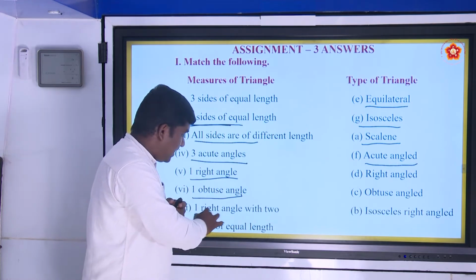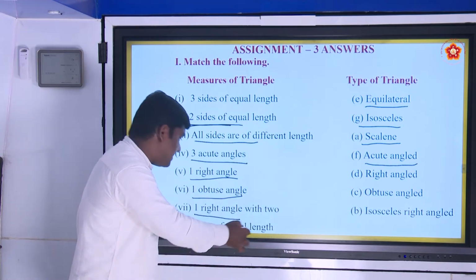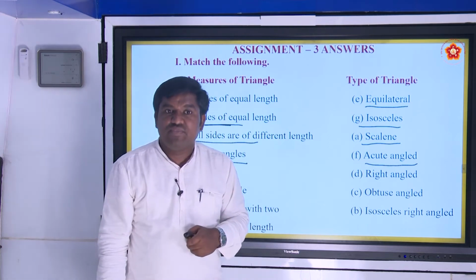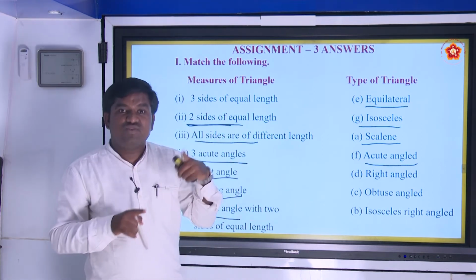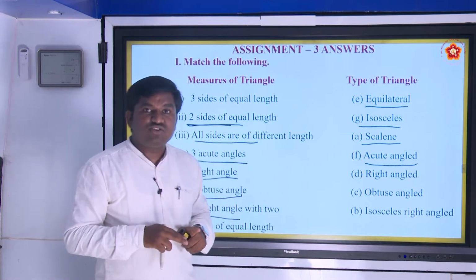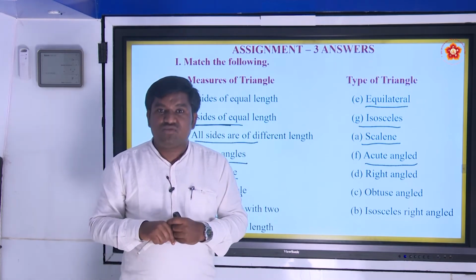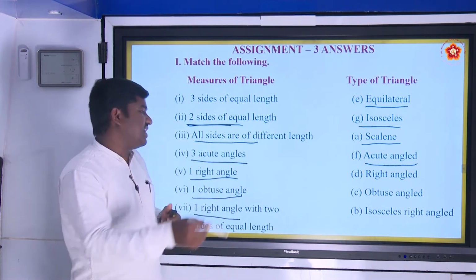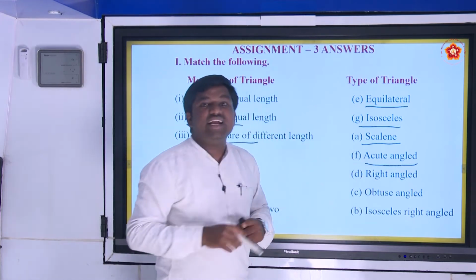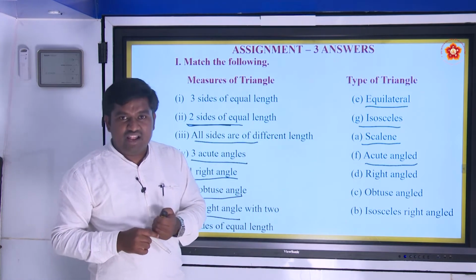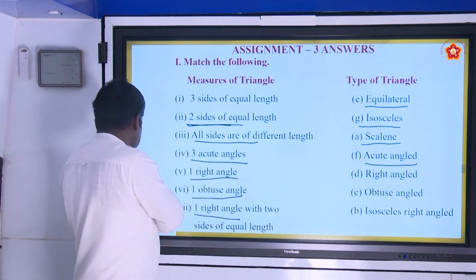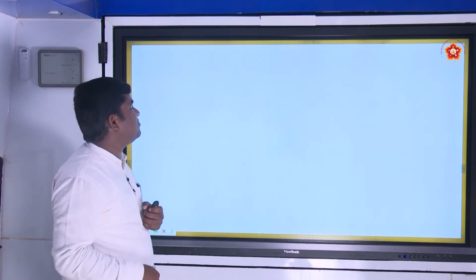Next, right angle with two sides of equal length. Among three angles, one is a right angle and also two sides of the triangle are equal, then that type of triangle is called an isosceles right angled triangle. Next, we will move on to the second question.